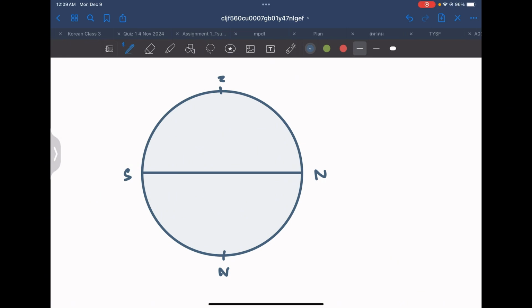Okay, for the first example, given the latitude is maybe 40 degrees north. Yes, so the NCP is around here, right?